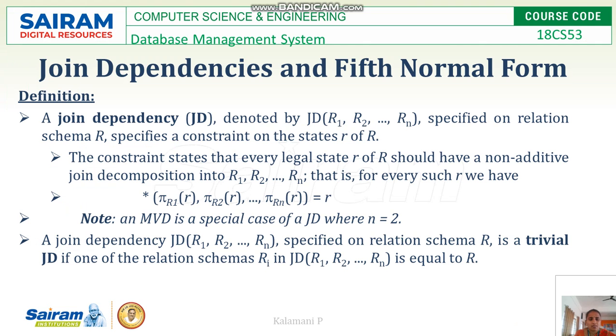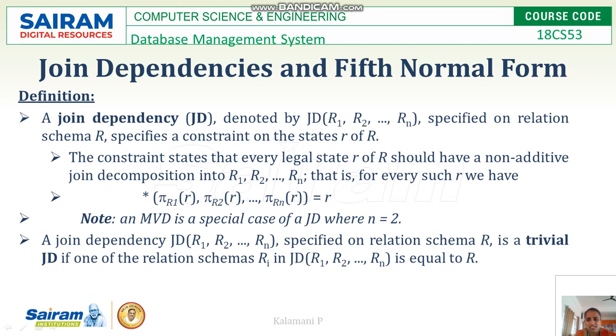using joint dependency. First we define joint dependency, called JD, denoted by JD of R1, R2, ..., Rn, where R1, R2, ..., Rn are relation schemas specified on relation schema R. It specifies a constraint on the states r of R. The constraint states that every legal state r of R should have a non-additive join decomposition into R1, R2, ..., Rn.